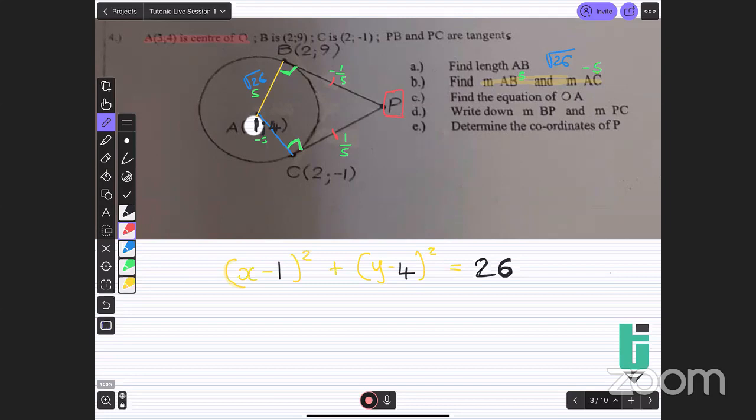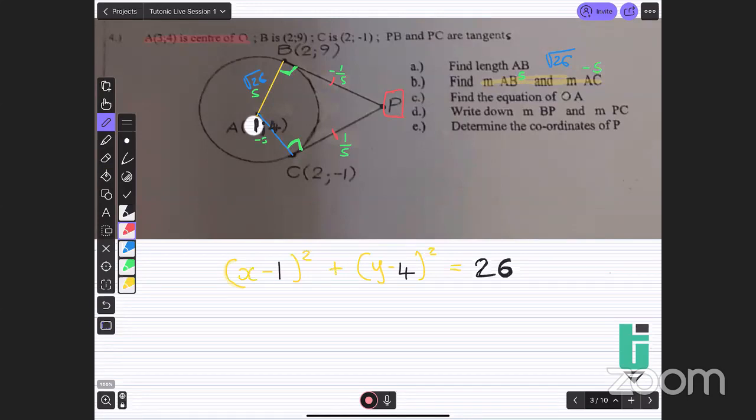Any ideas? I think it's where the two lines intersect.